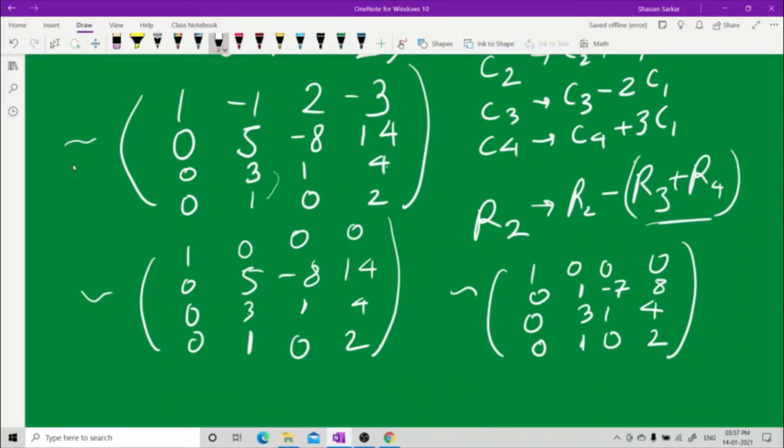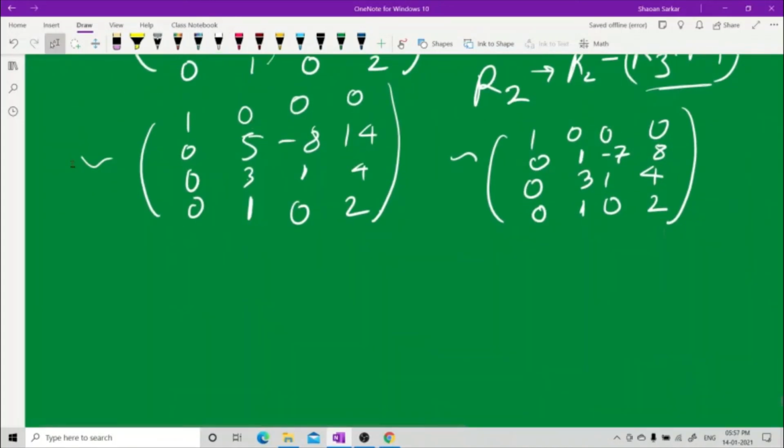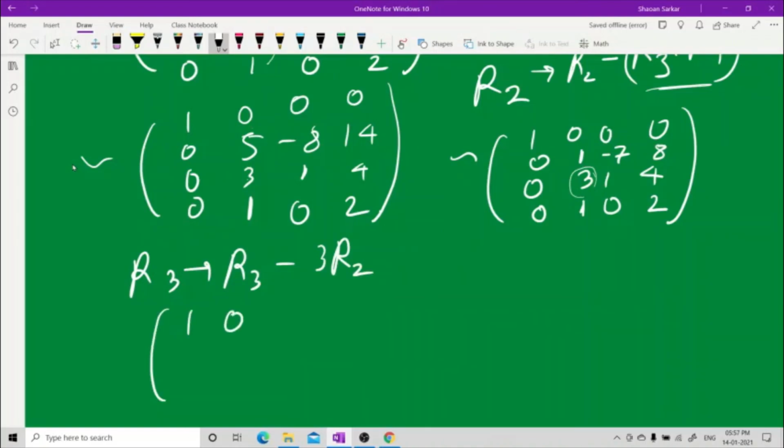Now after getting this, I'll try to make this 0. I have to make it 0. So I'll write R3 is R3 minus 3 R2. So what I get is 1, 0, 0 and 0, 0, 1, minus 7, 8.